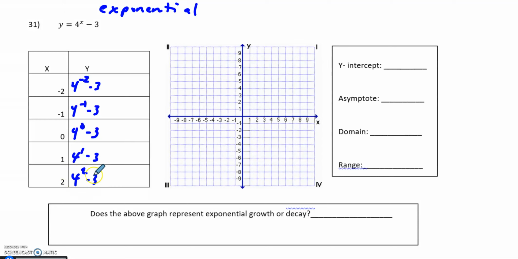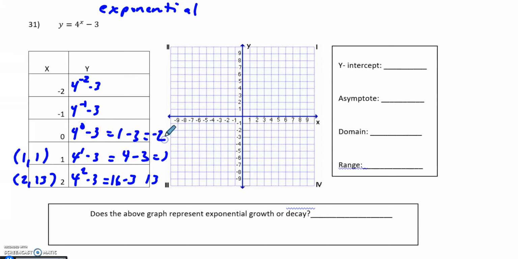So if I start at the bottom, 4 to the second is really 16 minus 3, so my output is 13. So my first point, might go off the graph a little bit, is 2 comma 13. 4 to the first is 4, 4 minus 3 is 1. So 1 comma 1, input, output. 4 to the 0th is 1 minus 3, so my output is negative 2.